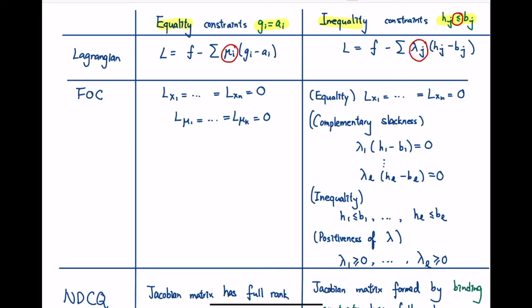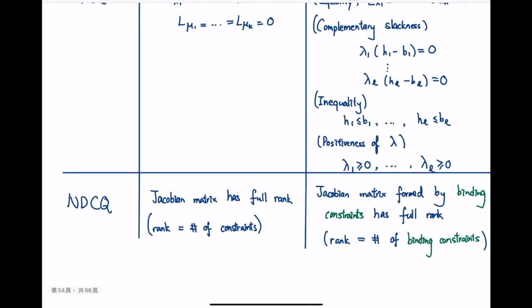Last week, we also defined what is meant by NDCQ, the non-degenerate constraint qualification. That is to make sure that the optimization problem that I deal with does not contain any exceptional point. So how do I check NDCQ in each constraint situation? Firstly, under equality constraints, you just need to check the Jacobian matrix.